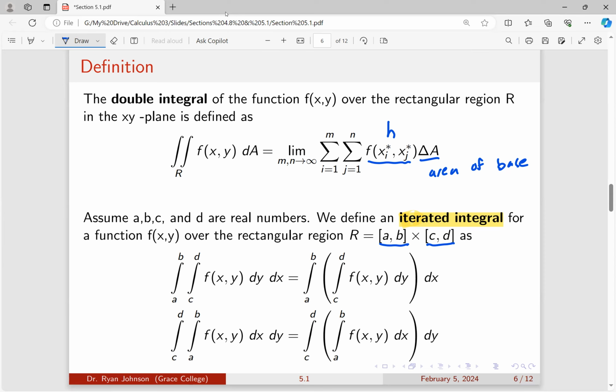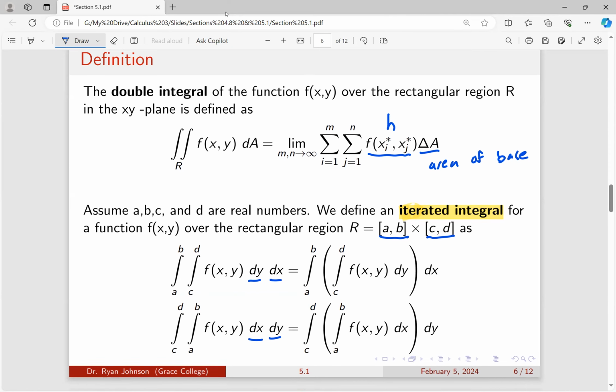Now in Calc 1 and Calc 2, the dy and the dx didn't matter. Now they really, really matter because they tell you which variable you're integrating over first. So in this first one, I'm integrating with respect to y first. The second one, I'm integrating with respect to x first. And if I mess that up, I'm going to mess up the problem.